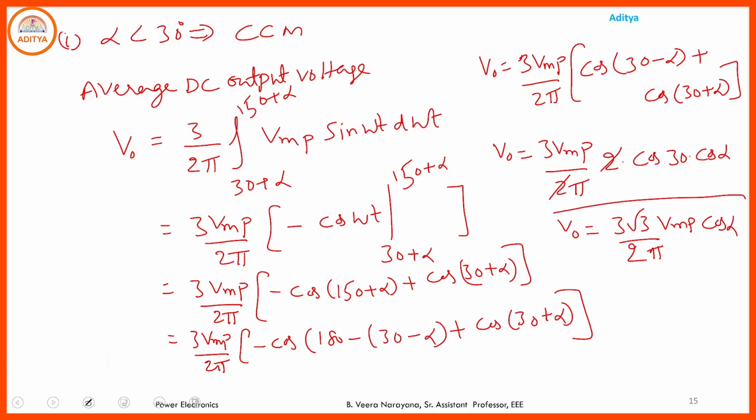So 3 root 3 by 2 pi Vmp cos alpha. That is the average DC output voltage of the 3-phase half wave controlled converter with R load in continuous conduction mode. V naught is equal to 3 root 3 Vmp by 2 pi into cos alpha.